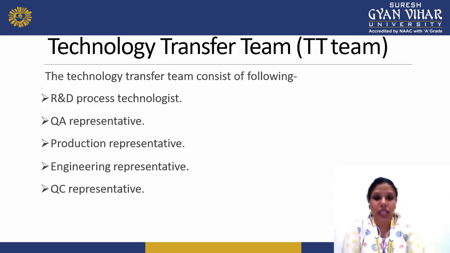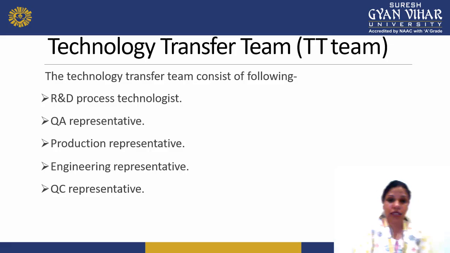So these are the team members of the technology transfer: first, the R&D process technologist; second, the QA representative; third, the production representative; fourth, the engineering representative; and fifth, the QC representative.